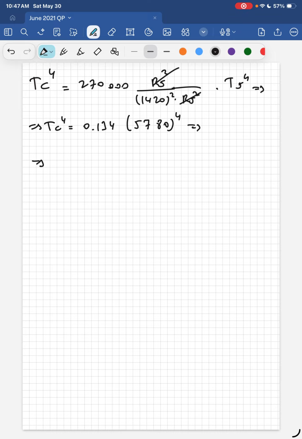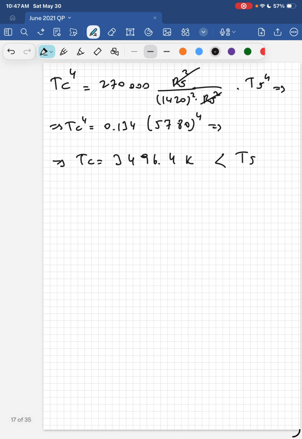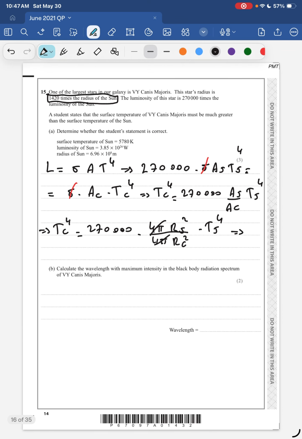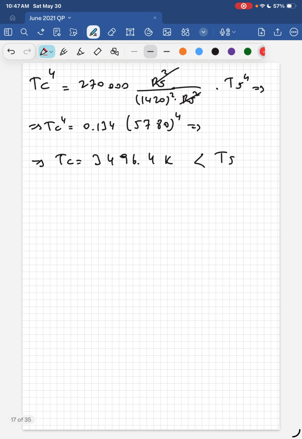So Tc is finally 3496.4 kelvins, which is less than the temperature of the Sun. Okay, this was the question, I think. The student states that the surface temperature of Canis Majoris must be greater than that of the Sun, so we can say that the student is wrong.